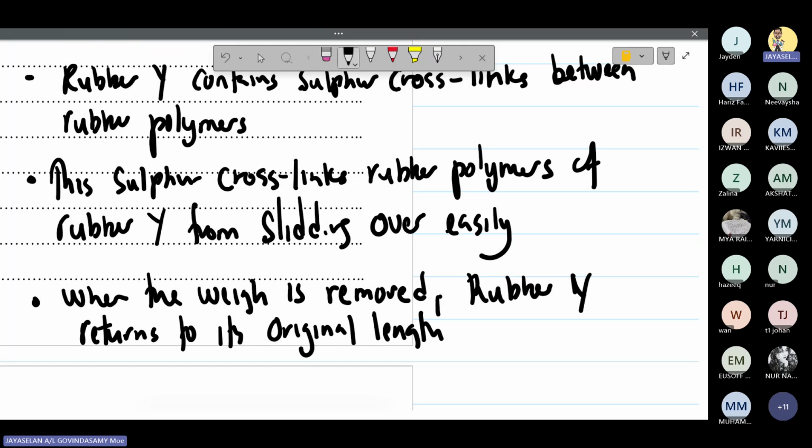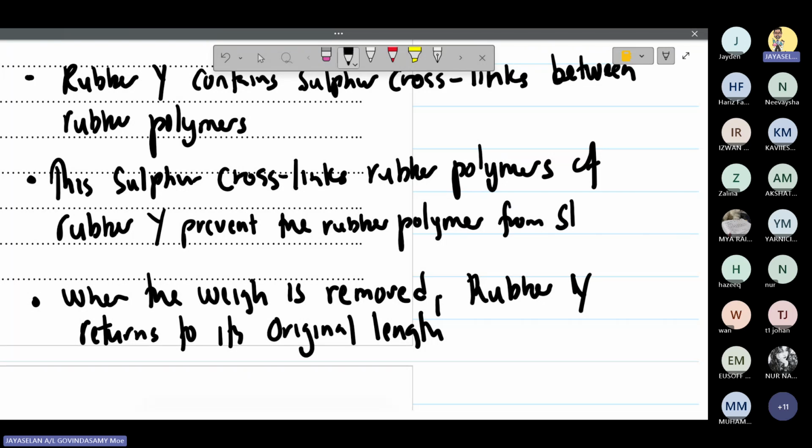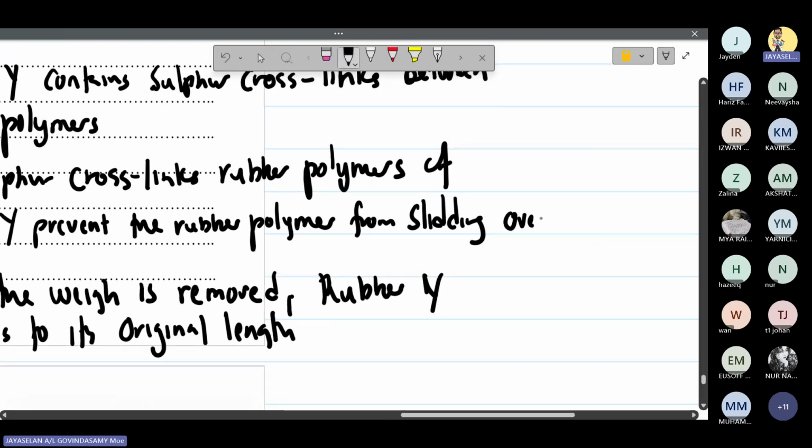Okay, sorry ni salah tau. The sulfur crosslink of rubber polymers of rubber Y prevent, kena letak prevent, the rubber polymers from sliding over easily.